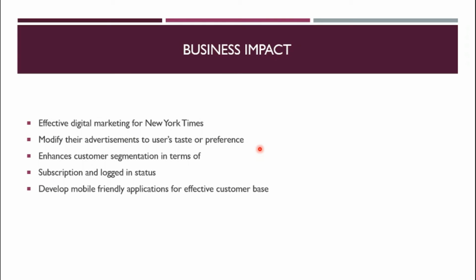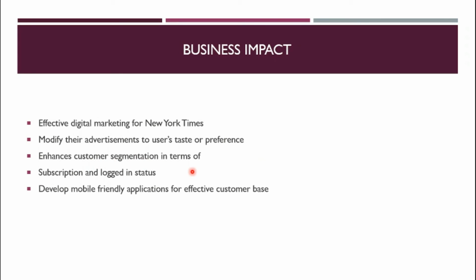So basically, it means that next time, for the next advertisement that New York Times will promote, they'll be able to design the advertisement in such a way that it appeals to the target audience. So if they're focusing on females, they'll make it more female friendly, or if they're making a unisex advertisement, they'll make something which is acceptable by both genders.